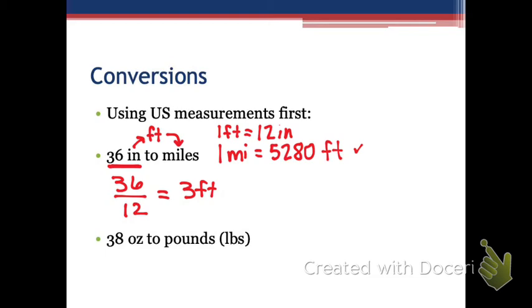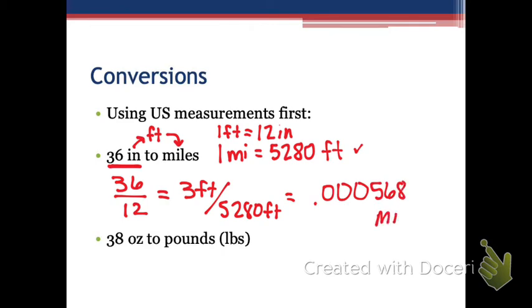Then if I wanted to convert to miles, would I multiply by 5,280 or divide by 5,280? I would divide by 5,280 feet, and I get a value of 3 divided by 5,280, 5.68 times 10 to the negative 4, or 0.000568 miles.